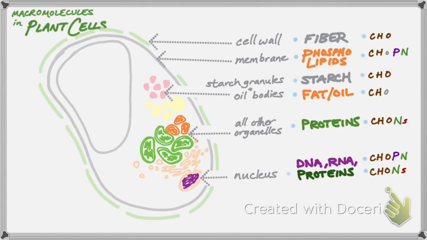To make a phospholipid, you're going to have to take those same atoms and add a little bit of phosphorus and nitrogen to them. And then to make the proteins, the DNA and the RNA, that's where the plant really needs to be able to soak up from the soil significant amounts of nitrogen and some phosphate too.